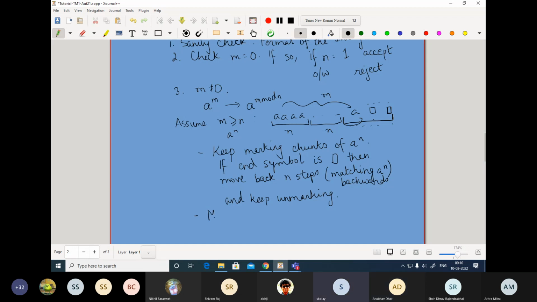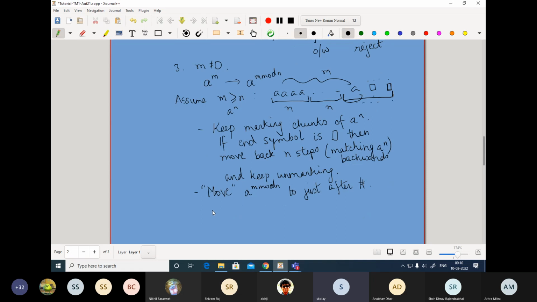So you have to basically move a to the m mod n to just after hash. And how do you do this?